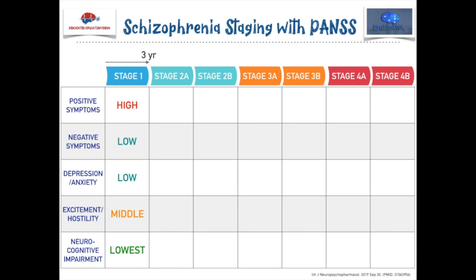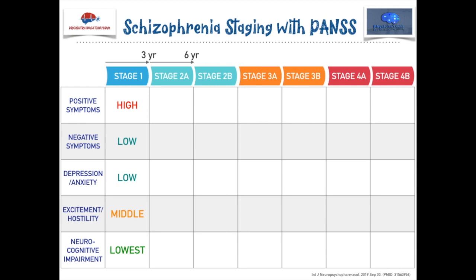Now moving on to stage 2. But let's look at the duration first. The total duration is actually 9 years for stage 2. But 2A and 2B have been separated into 2. So in those 9 years, the 2A stage lasts for 3 years.